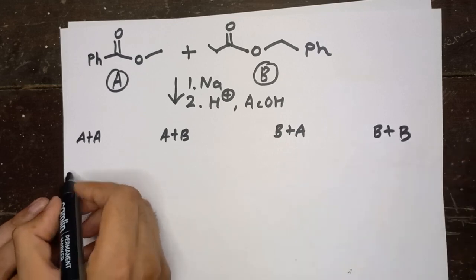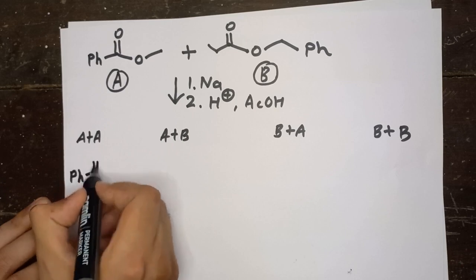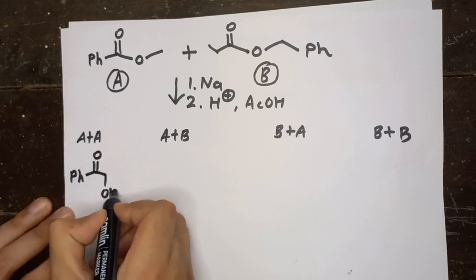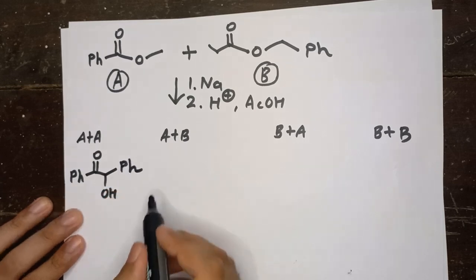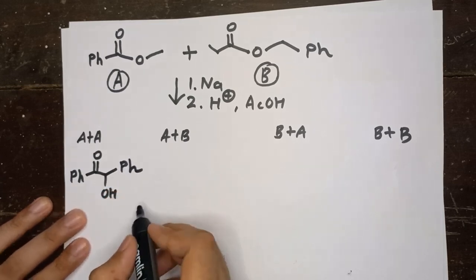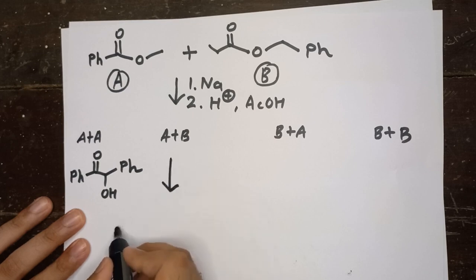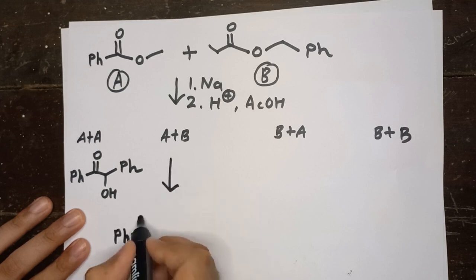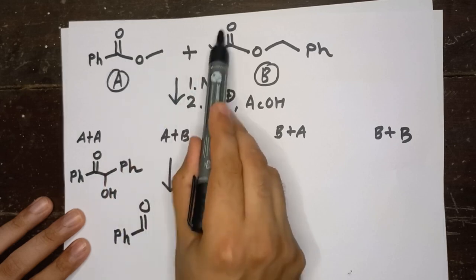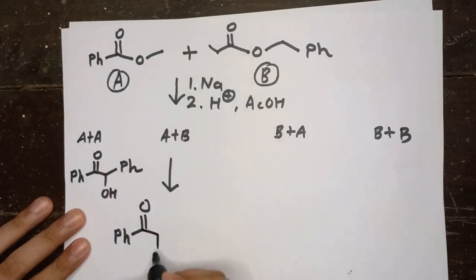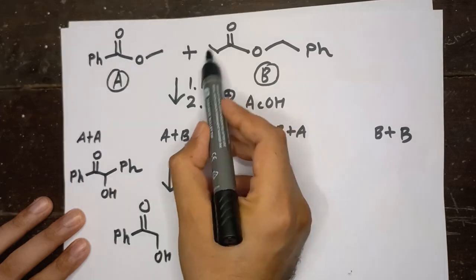So the product A will be A reacting with itself and the product will be this. Now the second product is A reacting with B. So connect this center with this and convert carbonyl into OH. So we have an ethyl group here.